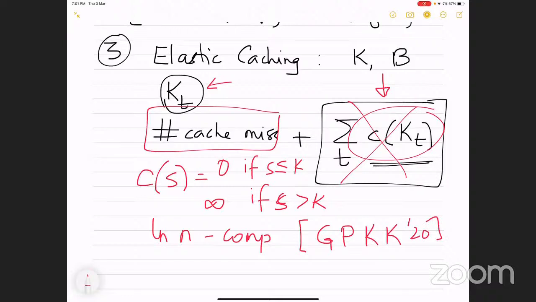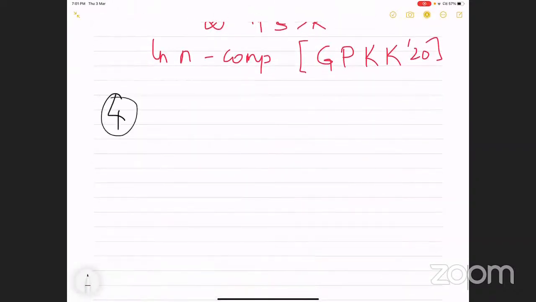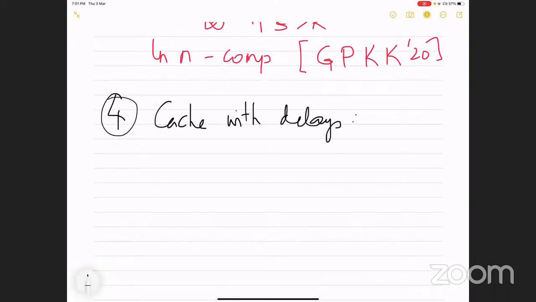So that's one extension I wanted to mention. The second extension that we recently got is caching with delays. Again, the motivation comes from various applications. Suppose some page is requested at some time t. In the usual caching setting, you have to bring this page into the cache at the current time.